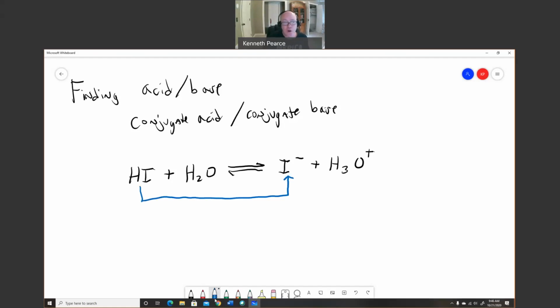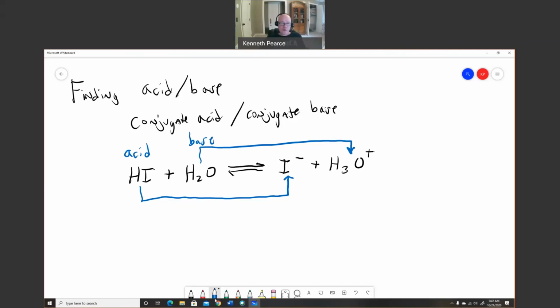It makes it a proton donor. So this was the acid for sure. And as we go from H2O to H3O plus, then we gained a hydrogen. We went from H2 to H3, so that made H2O the base.